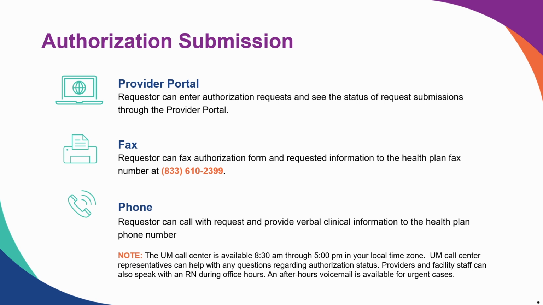Requesters can also fax the authorization form and clinical documentation to the plan's fax number, or the requester may call the plan phone number with the request to provide verbal clinical information. Please note, if you do call in and provide verbal clinical information, we do require the written clinical information to be faxed in prior to a decision being rendered.